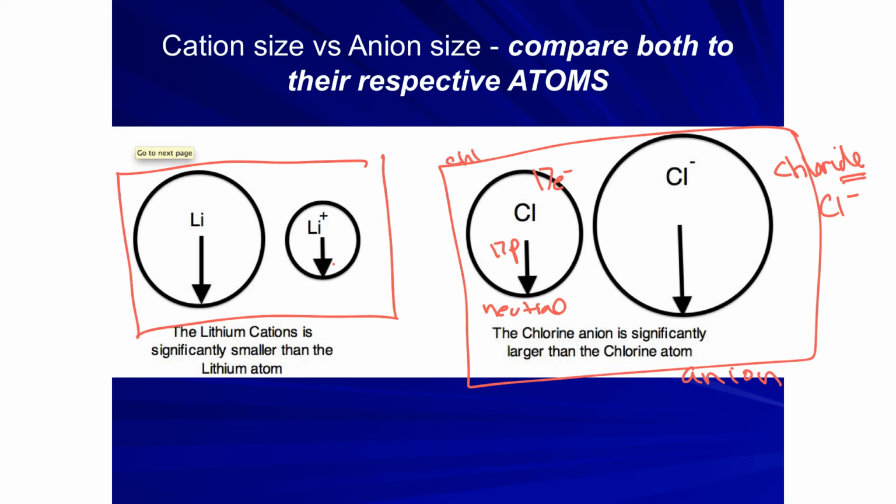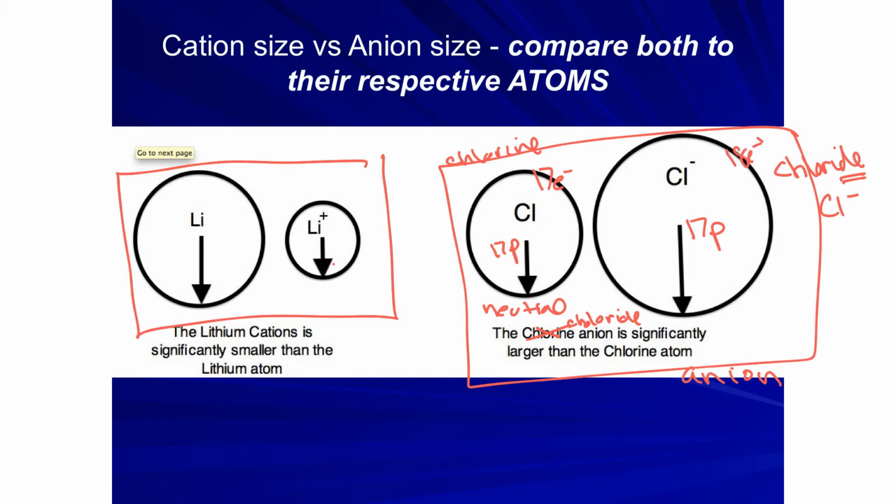This is called chlorine, and this is technically chloride, all right? So really, this should be chloride. Spell it right. There we go. So what happens here? Well, I still have 17 protons, because if it's 17 protons, guys, it's chlorine, okay, period. But now I have 18 electrons, okay?